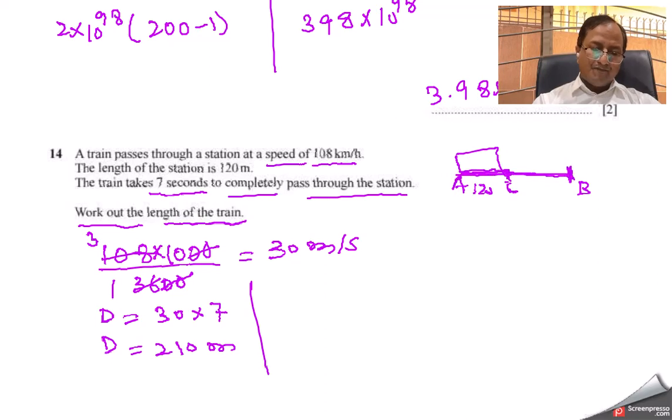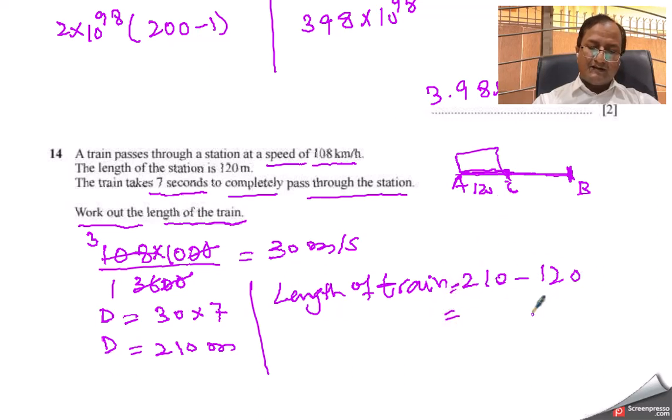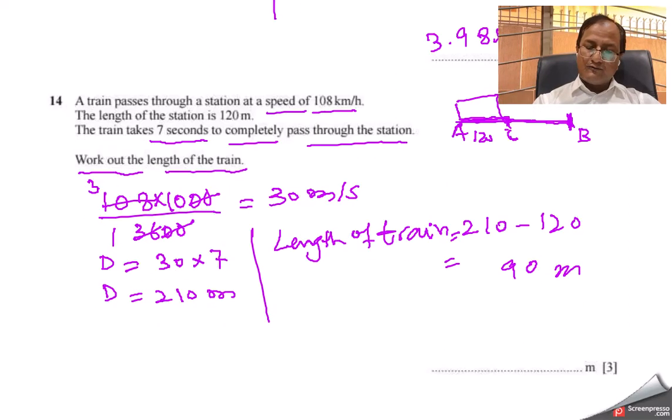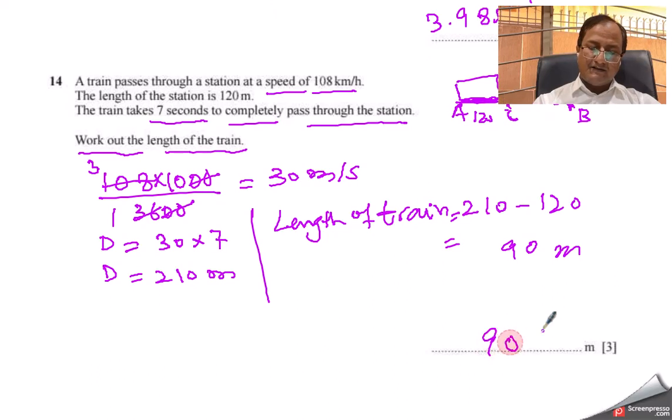Then the length of the train is 210 meters minus 120, which is the length of the station. Whatever answer we get, we have 90 meters as the length of the train. We're supposed to write the answer in the answer space as well.